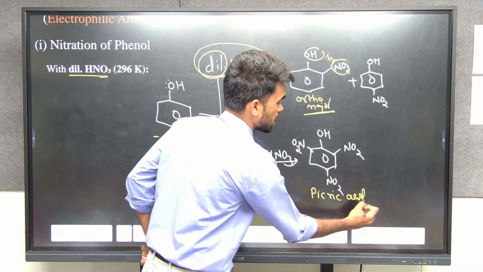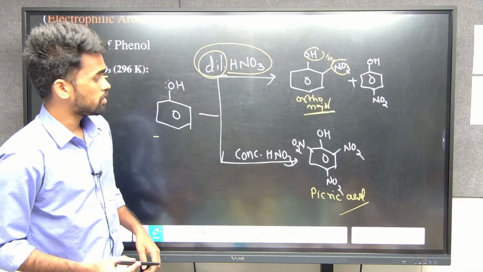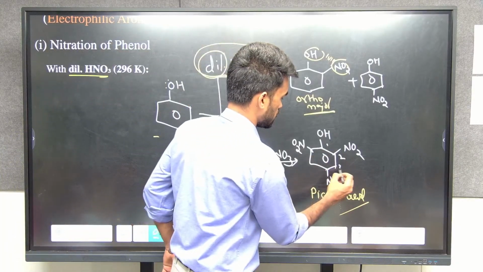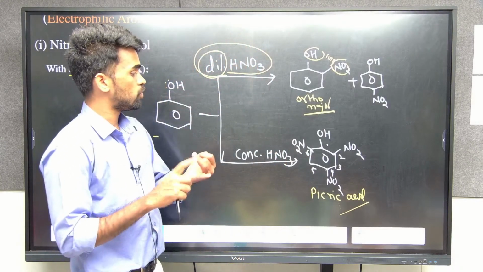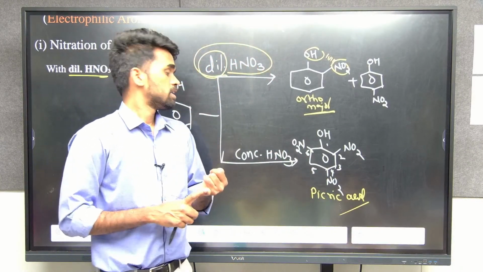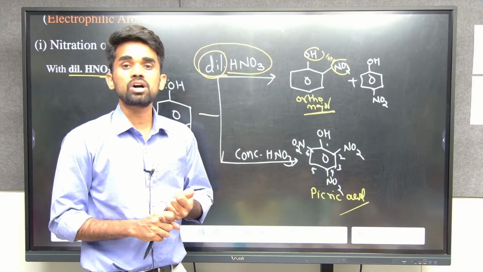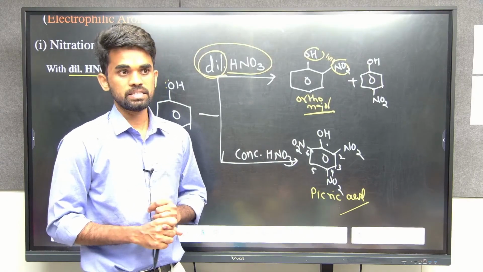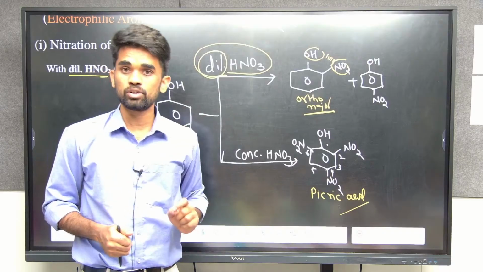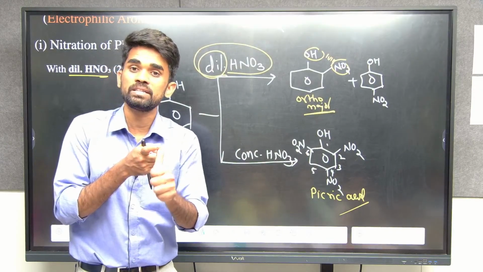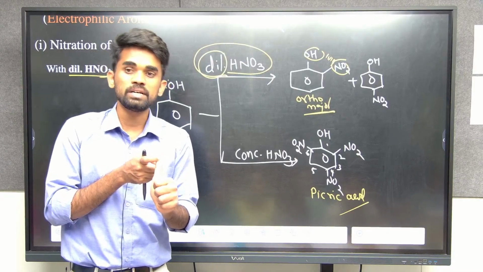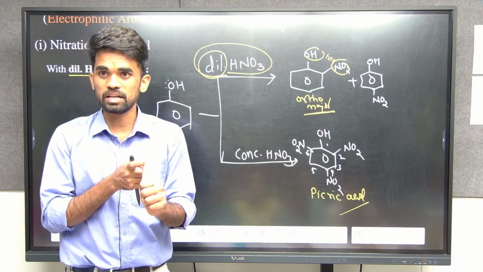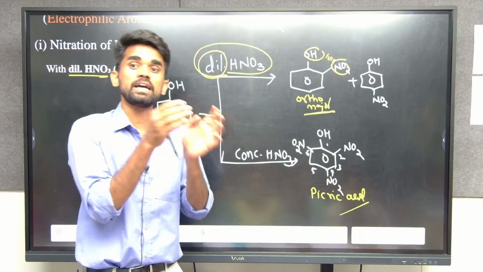So what is picric acid? 2,4,6-trinitrophenol is called picric acid. Previously I told you that phenol does not react with sodium bicarbonate, no reaction. But picric acid reacts with bicarbonate.